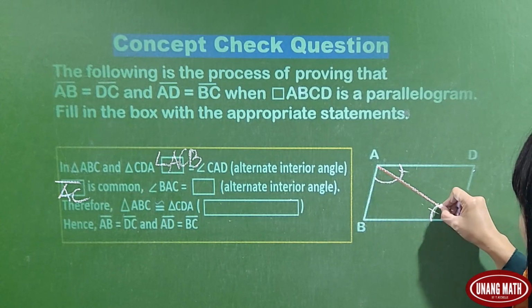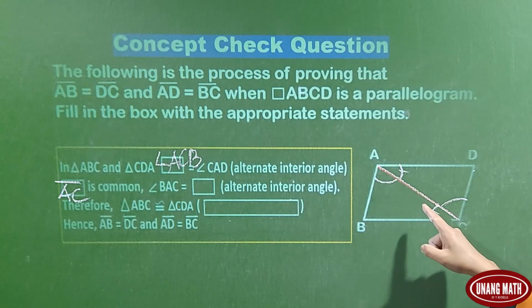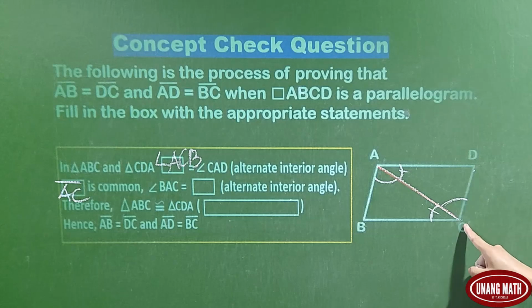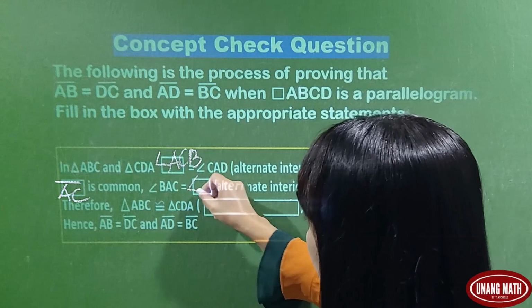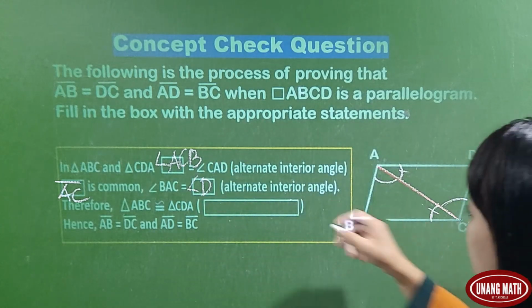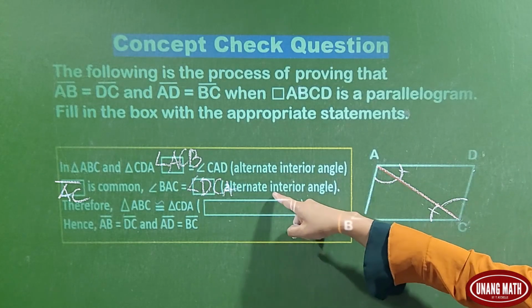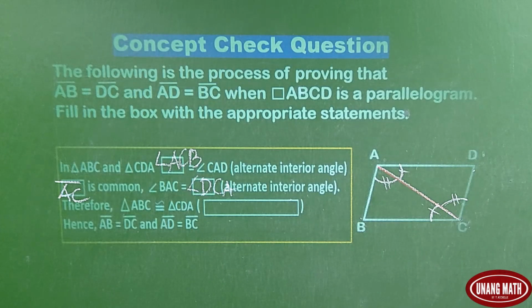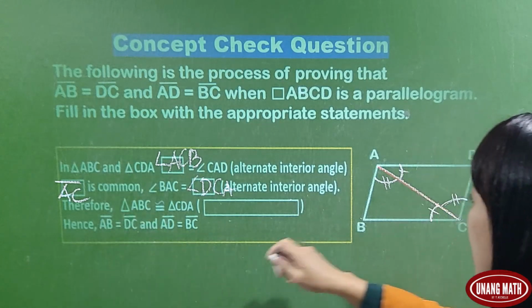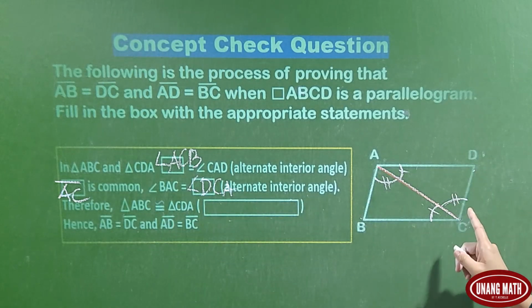BAC is equal to this angle, so BAC is equal now to DCA. And these two angles are also alternate interior angles. That's why they are equal in measure. Therefore, triangle ABC is congruent to triangle CDA.